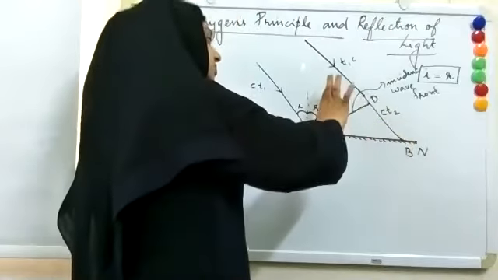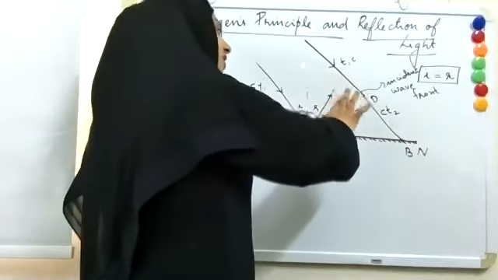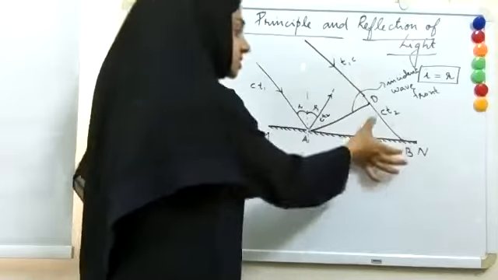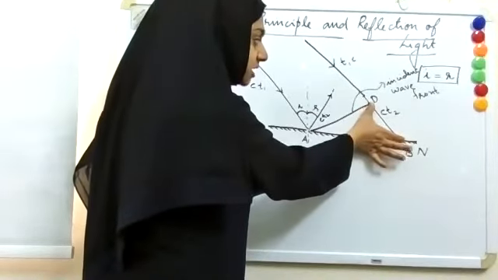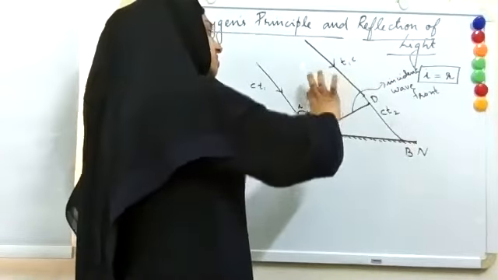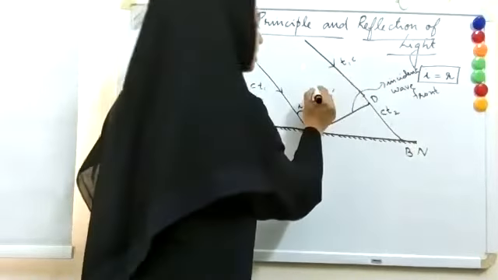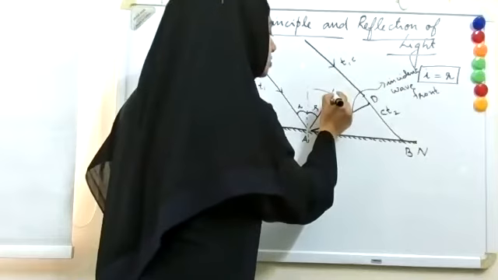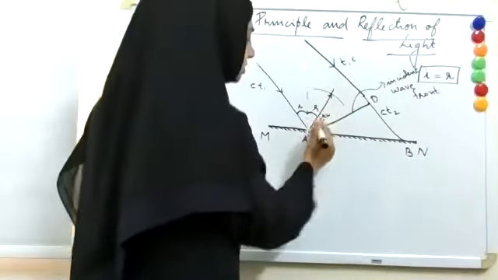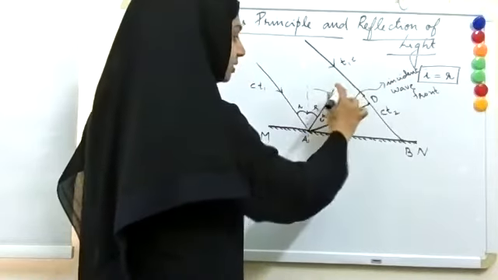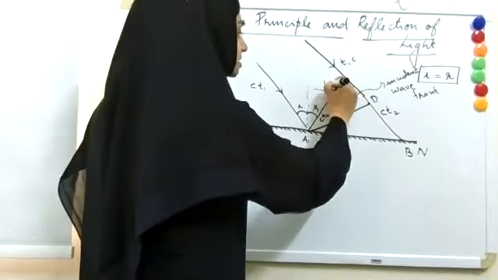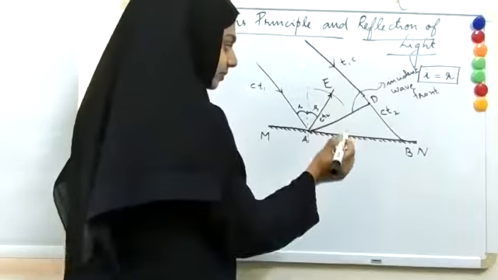So ct2 distance will be traveled along this reflected wave. Since I don't have a compass at hand, I'm using my fingers. Take the same distance and draw an arc. So you get this point. This distance is again ct2. Let me mark this point as E.